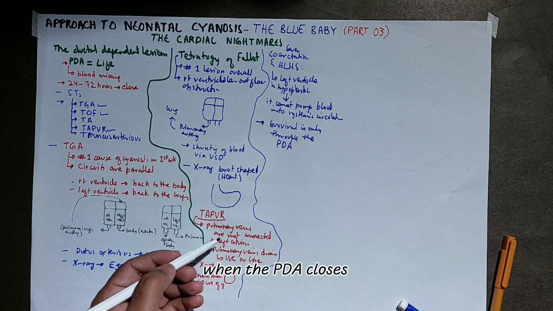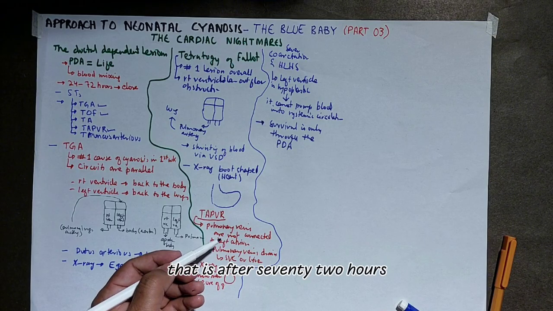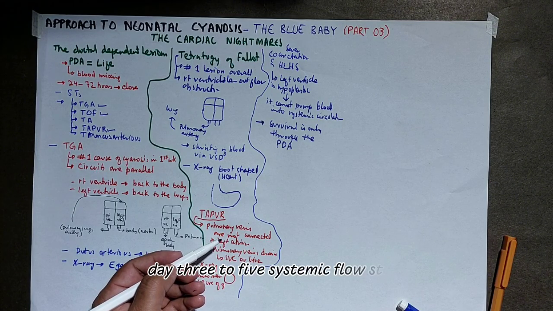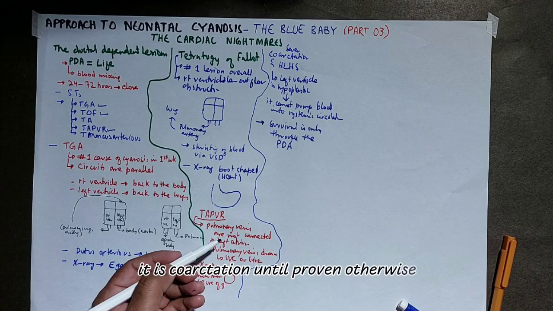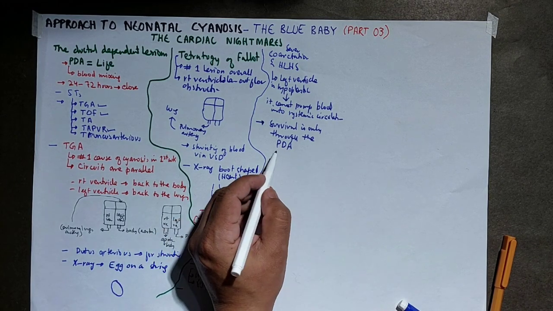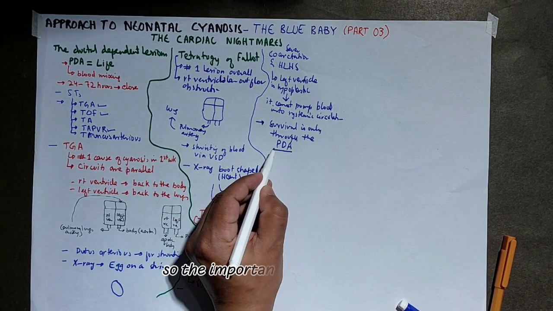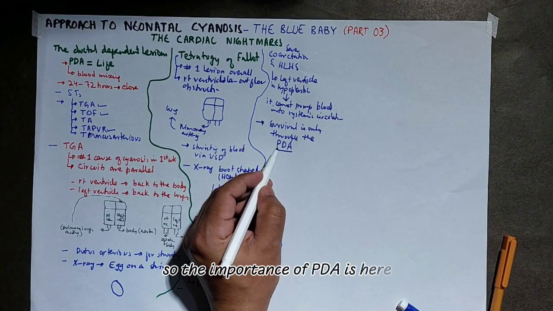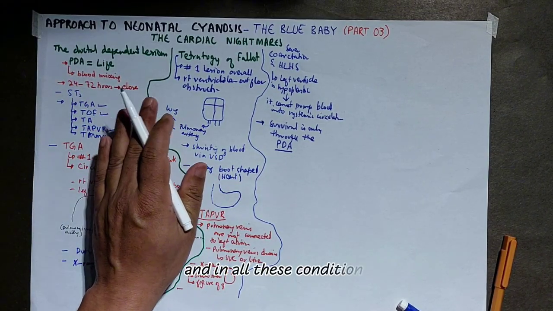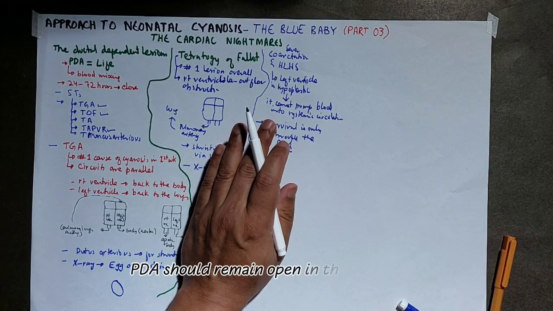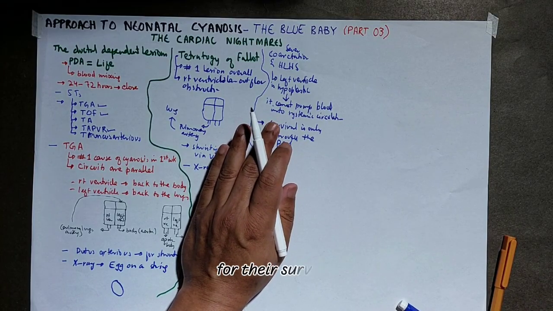When the PDA closes, that is after 72 hours, day 3 to 5, systemic flow stops, pulses disappear, lactate skyrockets, and there is cardiogenic shock. If you cannot feel femoral pulses in a sick neonate, it is coarctation until proven otherwise. So the importance of PDA is here, and in all these conditions, the PDA should remain open in these children for their survival.